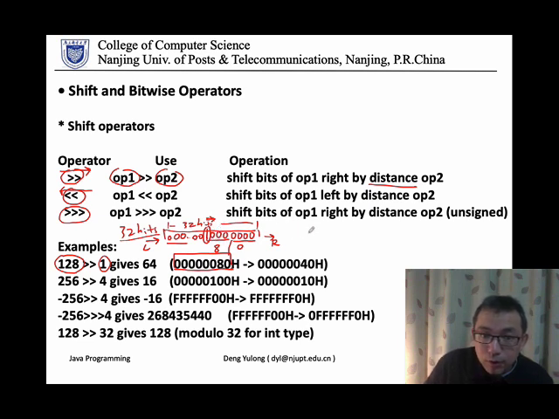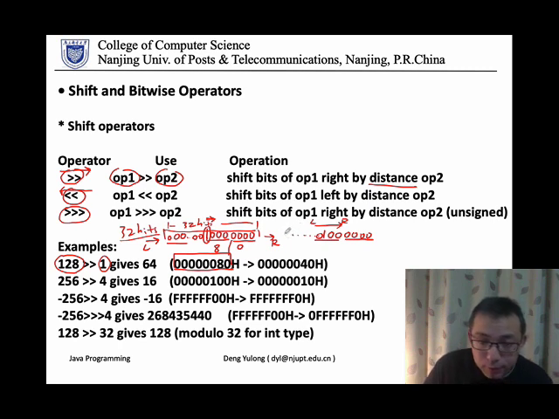So the number becomes this: with 1 0 0 0, now it's 0 1 0 0. We shifted from left to right at distance 1.